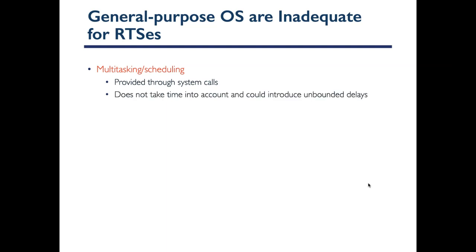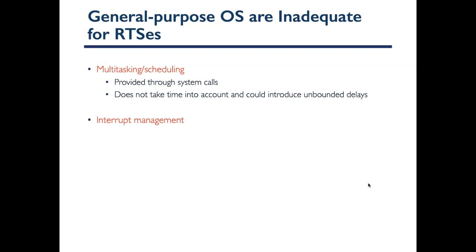So the way that we so far talked about it was we provide system calls to the user so that the user can use those system calls to create tasks and threads to achieve what it wants. But as we will see, system calls are detrimental and harmful for real-time systems, and they really don't fit well with the mission of a real-time operating system.